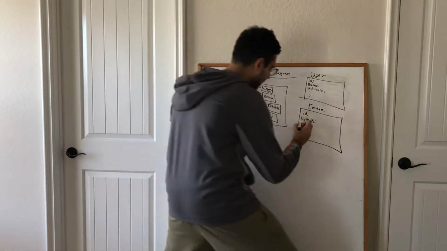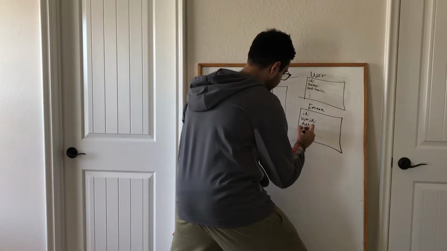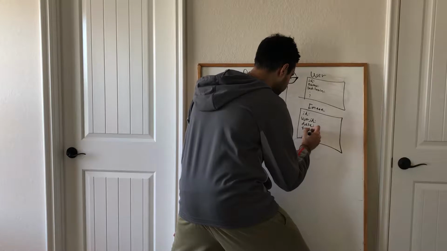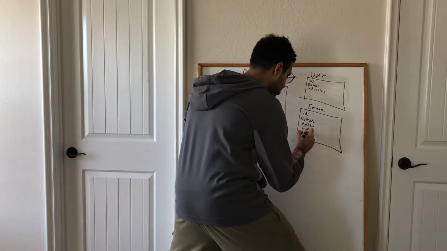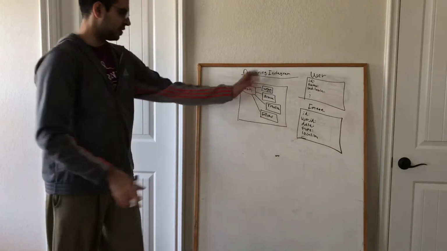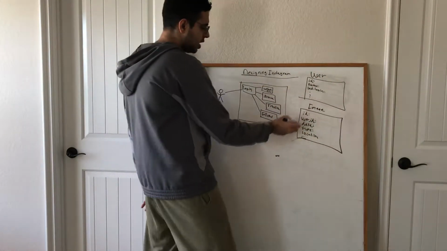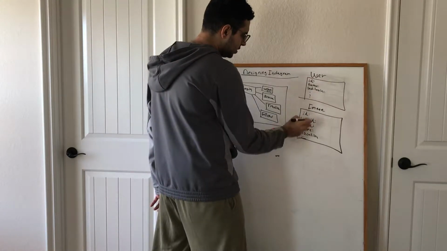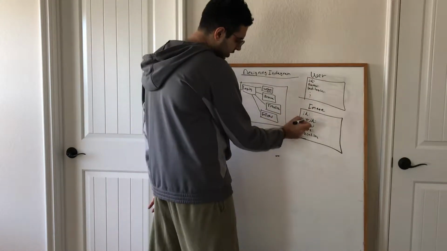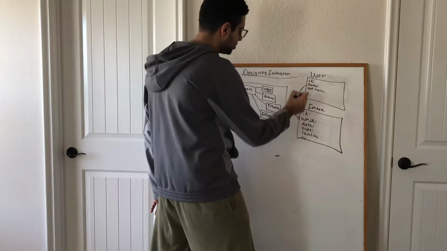An image will have a date, type, location, and amongst other things as well. But for now, let's focus on these. Each image is associated with one user ID, meaning this is a one-to-N relationship.